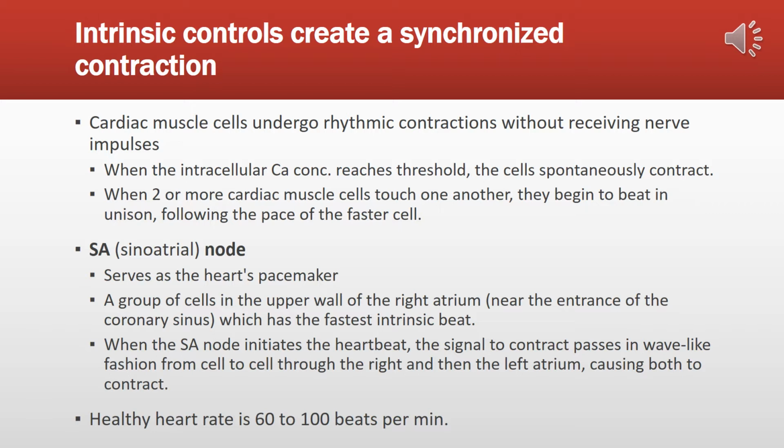So when the SA node initiates a heartbeat, the signal to contract passes in wave-like fashion from cell to cell through the right and then the left atrium, causing both of these atria to contract. And a healthy heart rate is usually around 60 to 100 beats per minute, and there might be some variance in this depending on if we're relaxing or exercising.